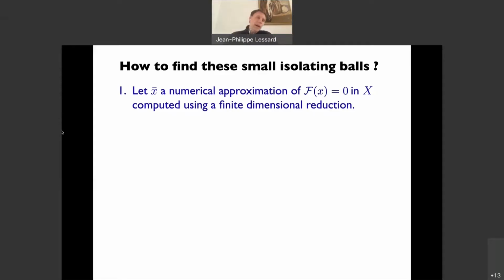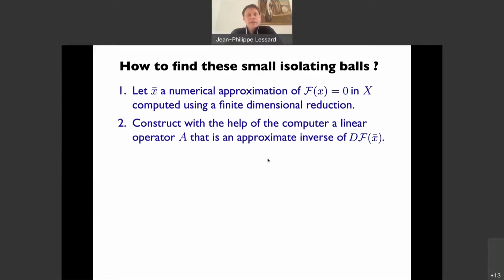And I will denote by x bar a numerical approximation of f of x equals 0 in a Banach space. Okay. Again, all of that will be done by using a finite dimensional reduction. And then after that, we use the computer, and I will be very explicit about this in the context of Navier-Stokes.